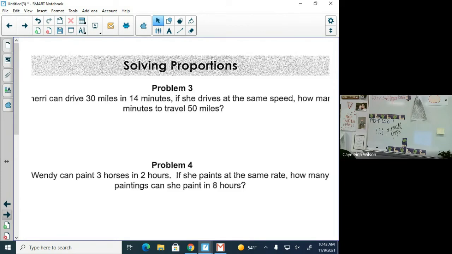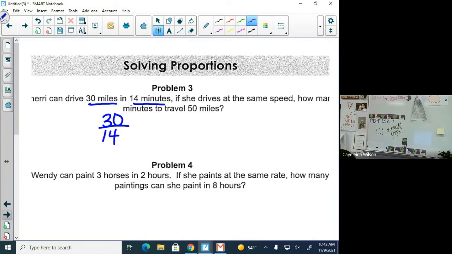Alright, guys. So it says Sherry can drive 30 miles in 14 minutes, so 30 over 14. What was the label on 30? Miles. And I want you all to write this over here on the side. And what's the label on 14? Minutes. So it says, if she drives the same speed, how many minutes, so that's the X, can she drive 50 miles? So will 50 miles go on the top or the bottom?